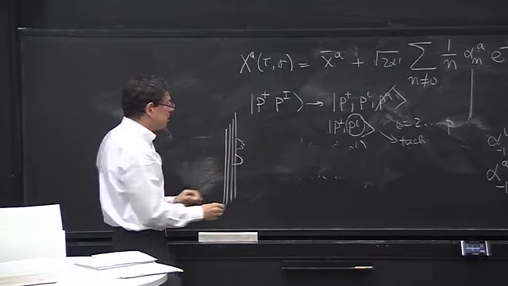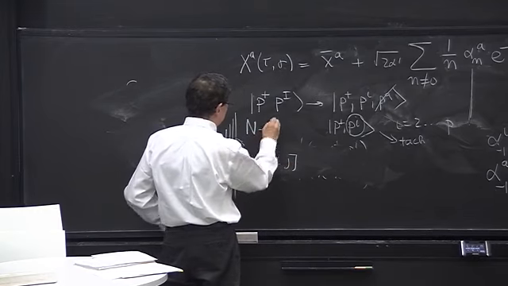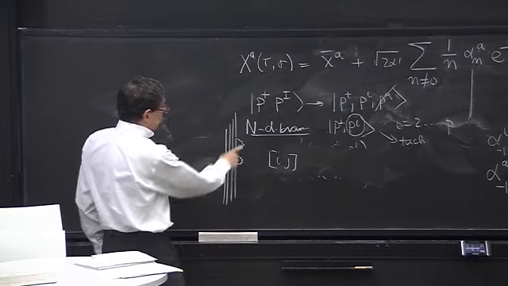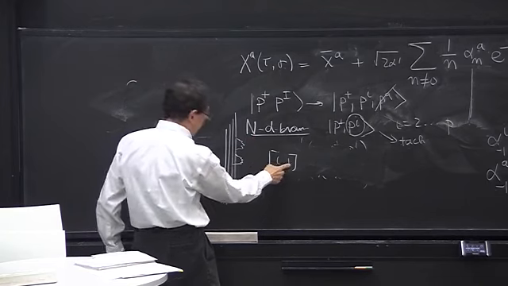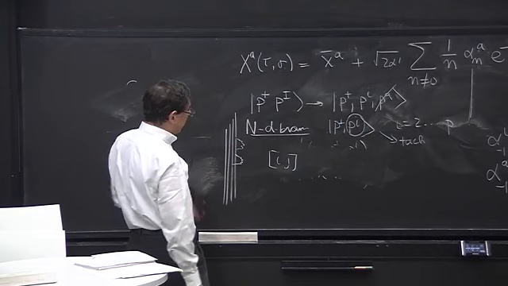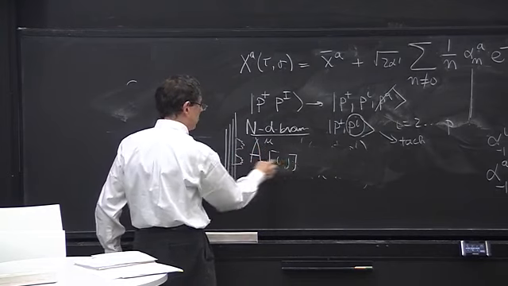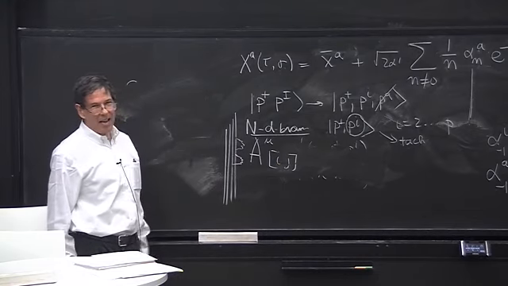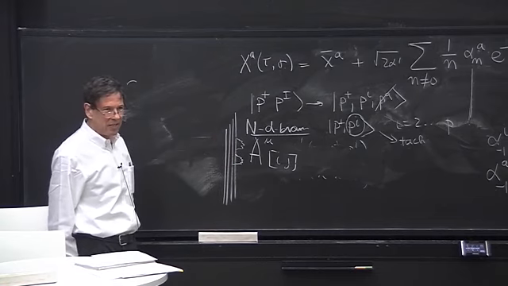So if you have n coincident D-branes, you have open strings that begin on the ith brane and end on the jth brane. So you get a Maxwell field for all of them. You get Maxwell fields that have two more indices, and these indices are nothing else than the Yang-Mills indices. People have discovered Yang-Mills theory in branes.